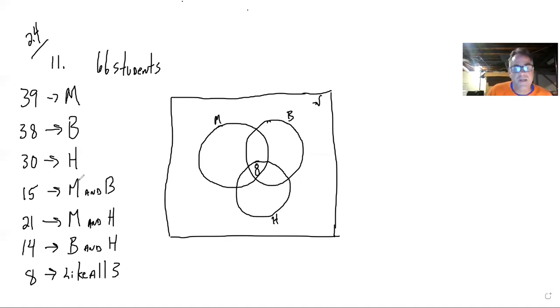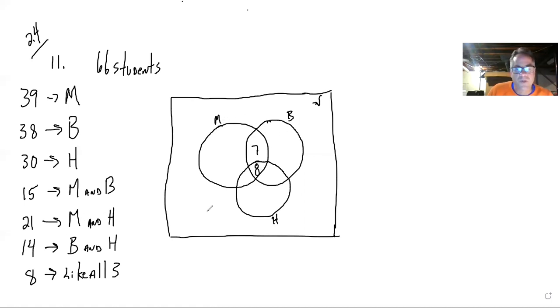It says 15 like Mozart and Beethoven, so that would be right here. Since it's 15 that have to comprise this entire region, we have accounted for eight of them. So 15 minus 8 is 7, or 7 plus 8 is 15, which gives me the 15 that like both Mozart and Beethoven.